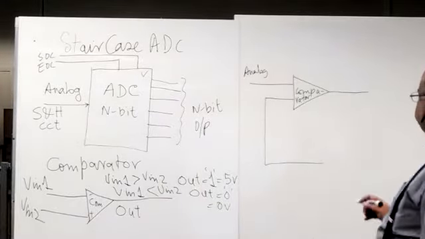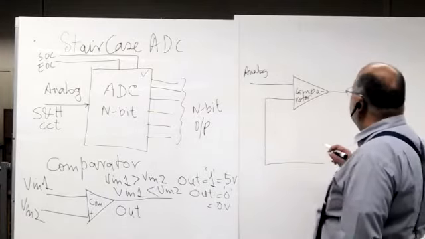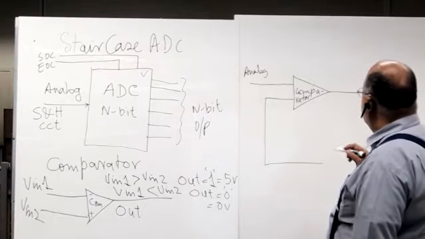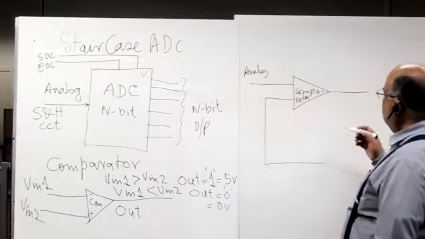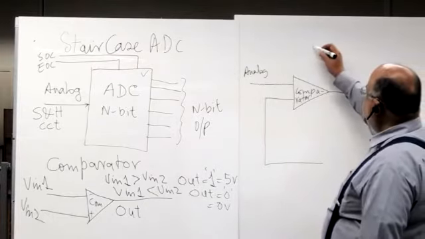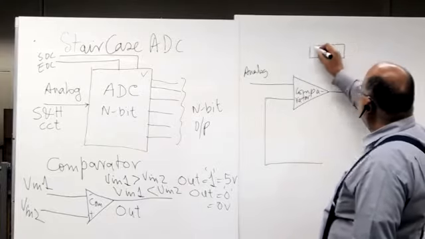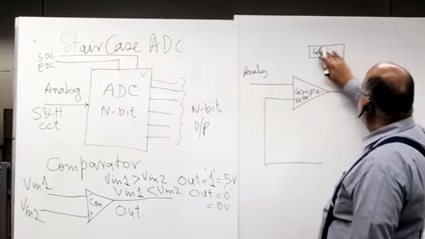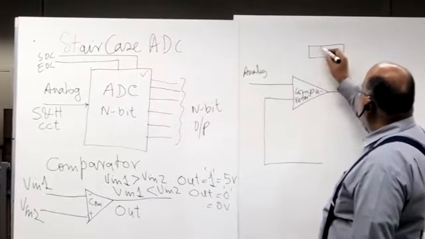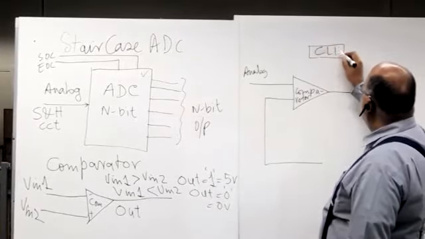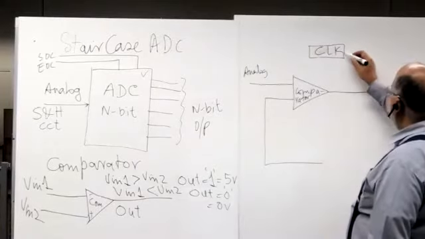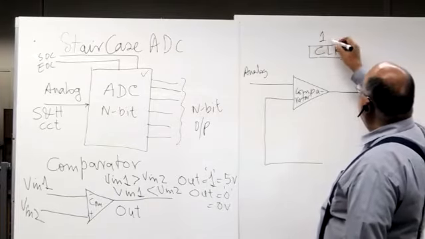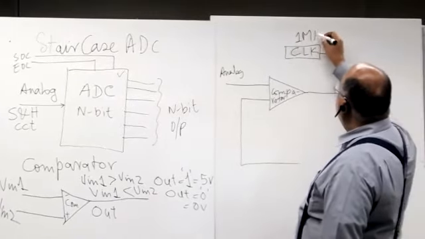Now what we need is a clock generator. Say we have a clock generator, a clock that goes, for example, 1 megahertz clock.